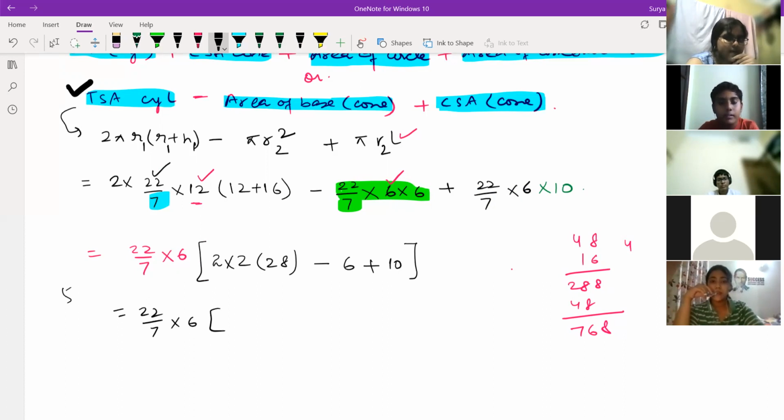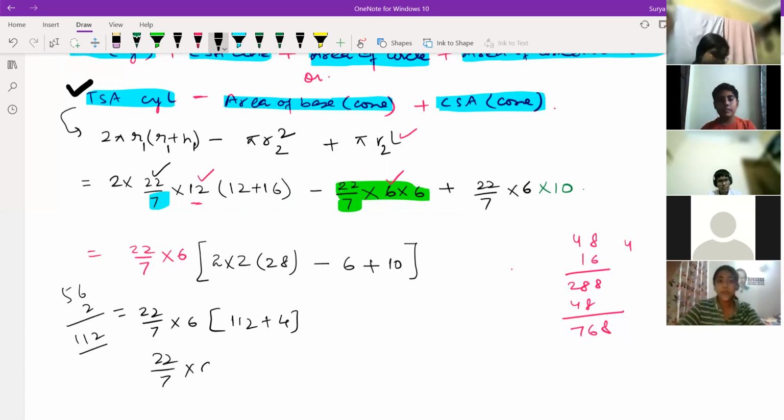20 feet 56, 56 to 5 2s are 10, 112. 112 plus 4. 22 by 7 into 6 into 116. So what do we get here? 22 into 6 into 116 divided by 7.